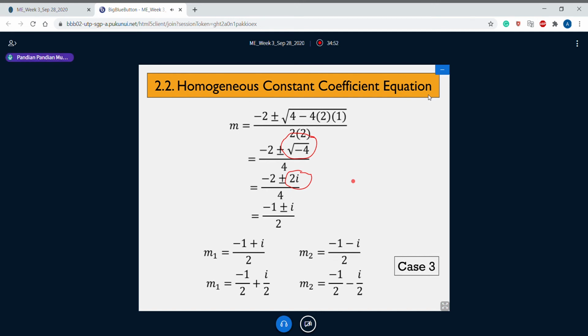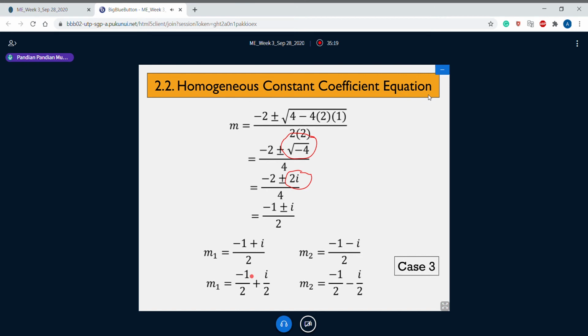Now you want to simplify. (-2 ± 2i) / 4 is -1/2 ± i/2. So that's why you have m1 = (-1 + i)/2 and m2 = (-1 - i)/2.